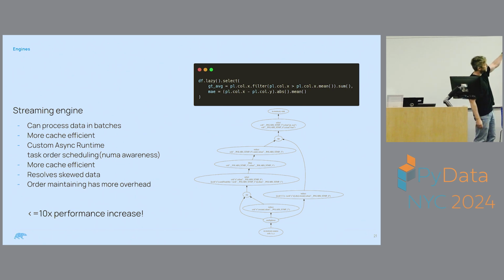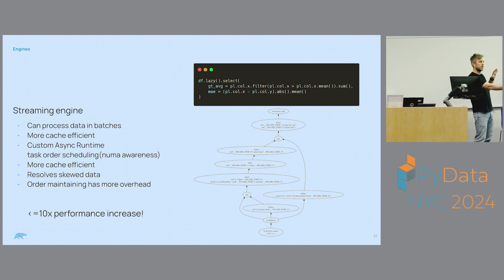So we need to rewrite Polars queries. Polars is a very versatile expression language, but we actually have to rewrite those expressions to a lower level IR that fits our new streaming engine. So that's what you see here. You see a filter, and then a sum. Some operations are streaming, but some are not, and we have to lower it.